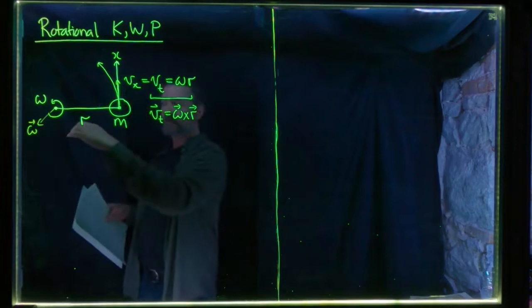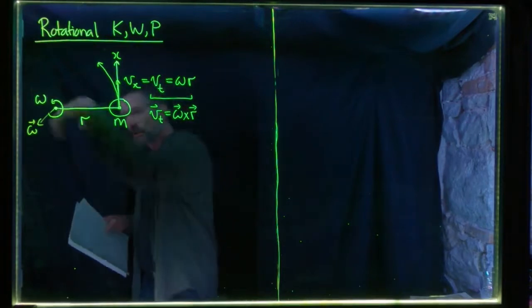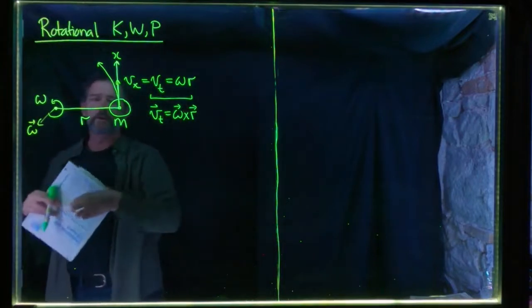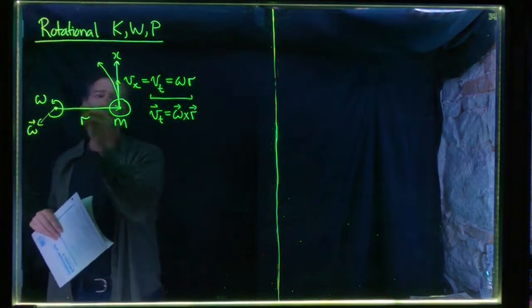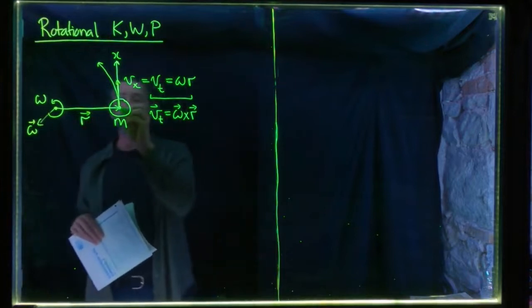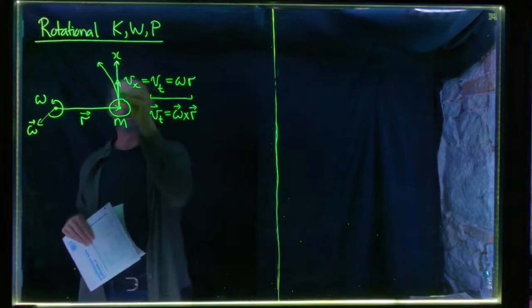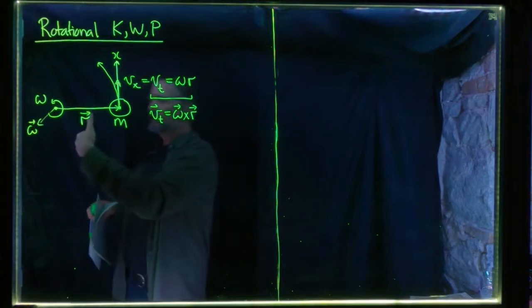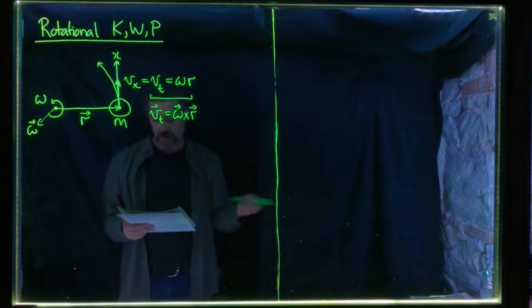Remember, you stick your thumb in the direction of the angular velocity vector, and then your fingers curl in the direction of the rotation, at a certain number of radians per second. And the vector r here is the perpendicular vector which points from the axis to a point on the edge of that rigid body. And this vt here is this actual vector here. So omega cross r is a vector that's up. Okay, so we have that.